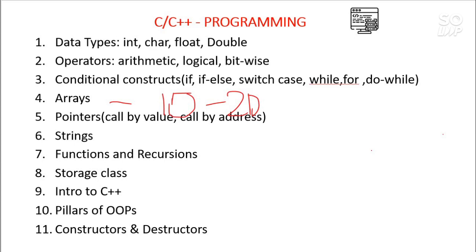Basically, a pointer is a variable which holds the address of another variable. Like a star is used to mention it.